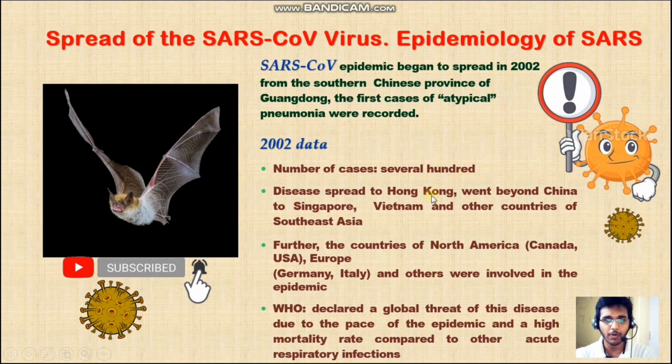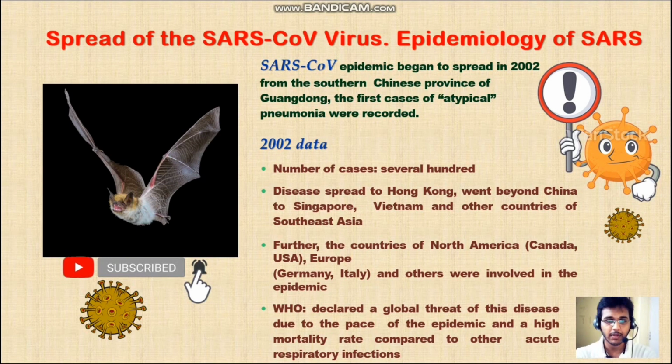The disease spread to Hong Kong, and beyond China to Singapore, Vietnam and other countries of Southeast Asia. Further, the countries of North America, including Canada and the USA, and Europe were also affected, since China had strong bilateral trade relationships with these countries, and European countries like Germany, Italy and others were also involved.